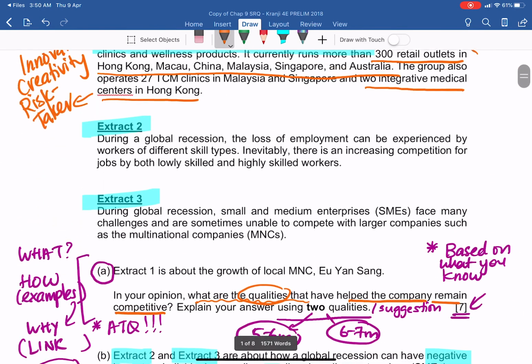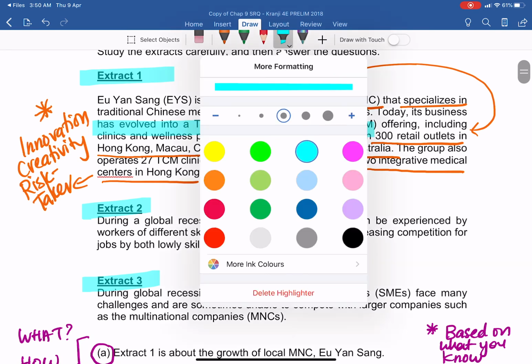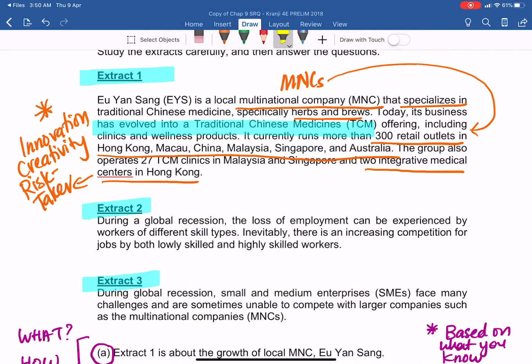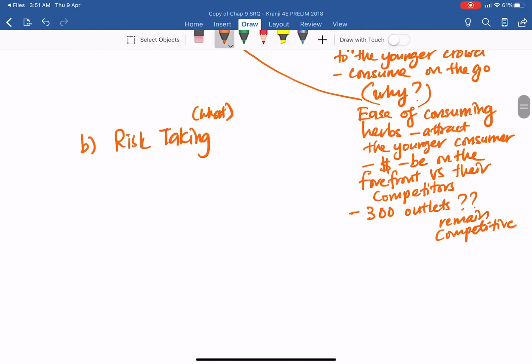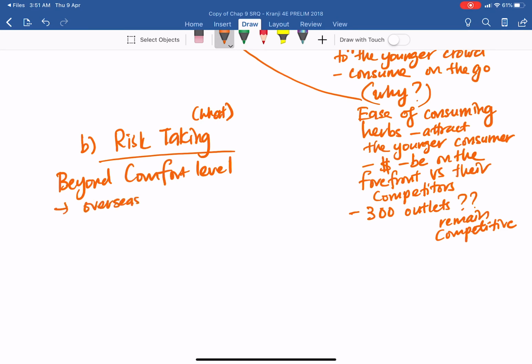Because if you look very carefully, the very fact that they are able to venture all the way to Hong Kong, Macau, China, Malaysia, even Australia, it shows that they are a risk taker. Okay, and the idea of taking risk here is beyond comfort level, right? I mean, they could just open up more shops in Singapore, but they did not.